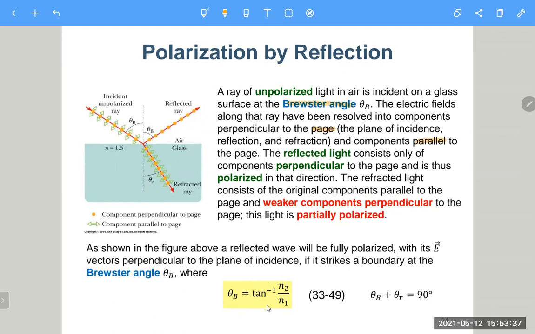So N2 over N1 is larger than 1, so the arctangent of N2 over N1 should be larger than 45 degrees. There is another interesting property: theta B plus theta R should be 90 degrees.